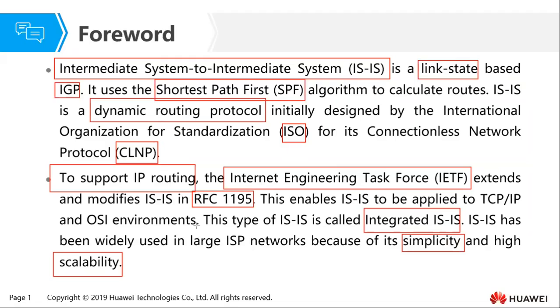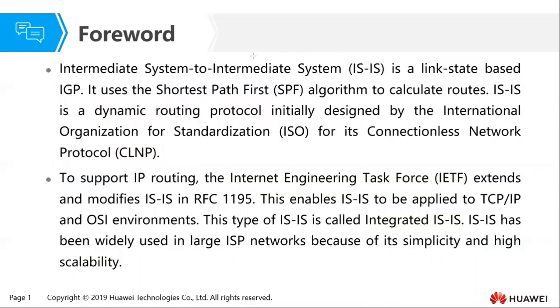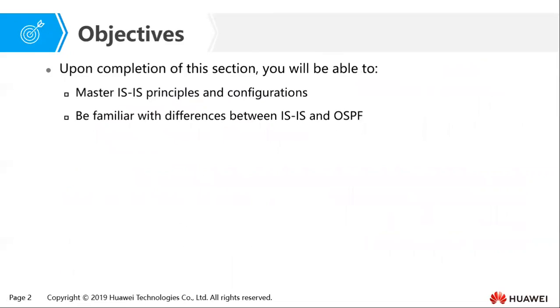Please note, large ISP networks. As you're going to realize, OSPF is used in enterprise networks, but it's rarely used in ISP networks. In ISP networks, they mostly use IS-IS. So in this particular chapter, you're supposed to understand why. What are the advantages of IS-IS over OSPF?